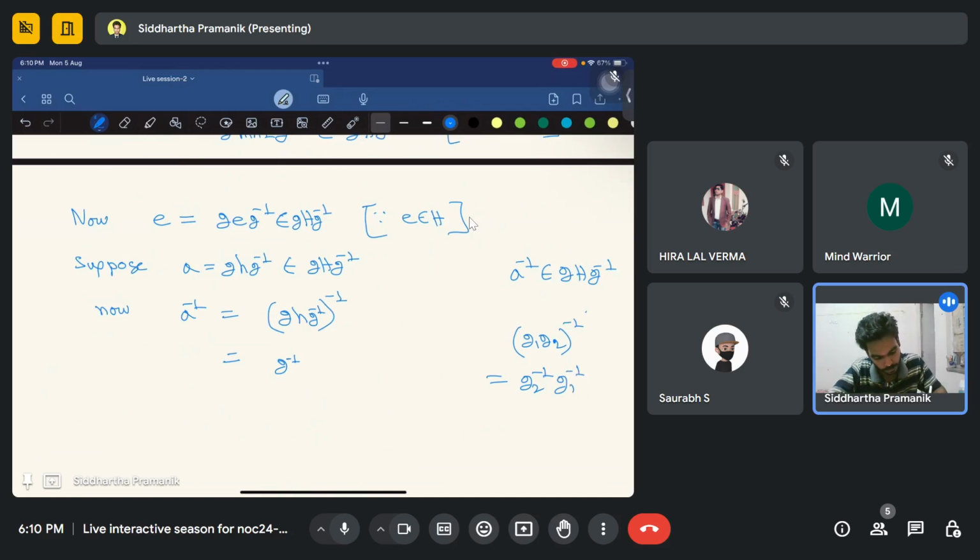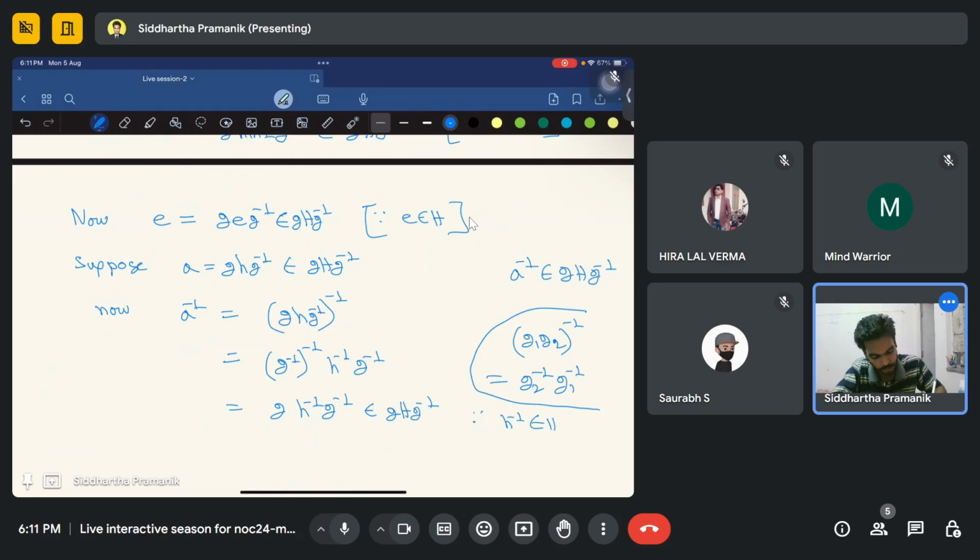If you want to see a proof of this, you can go back to my live session 1, which is in the Excel sheet shared with you. So this is the inverse of g inverse, h inverse, and g inverse. And the inverse of g inverse is basically g itself. So this is the same as g h inverse g inverse, right? And this definitely belongs to the set gHg inverse, because h inverse belongs to H, as H is a subgroup of the group G.